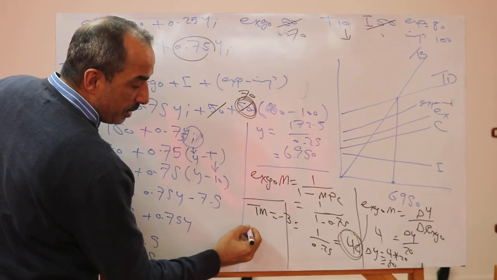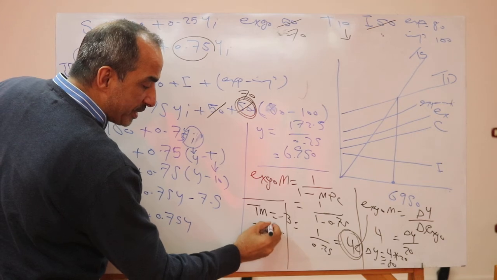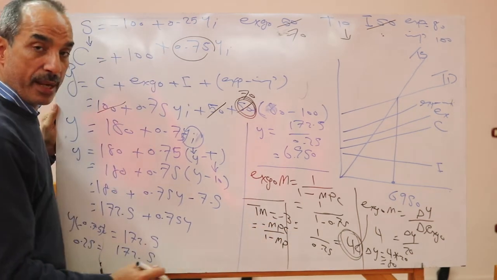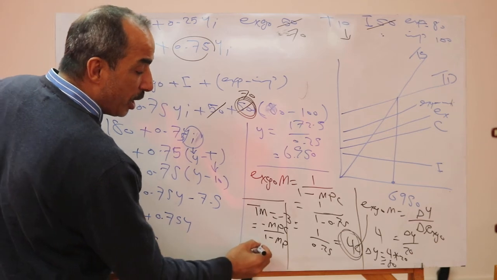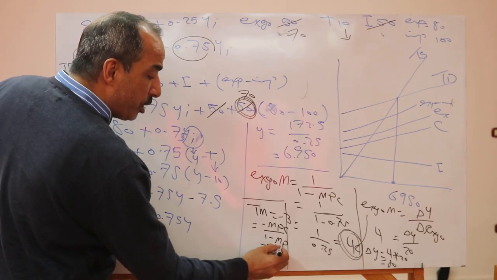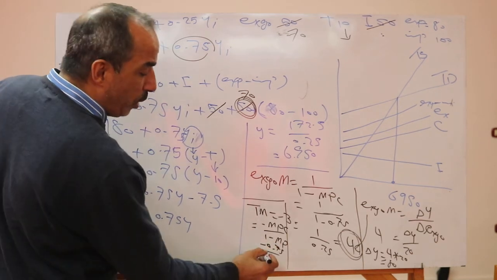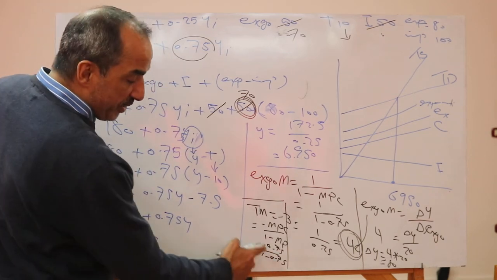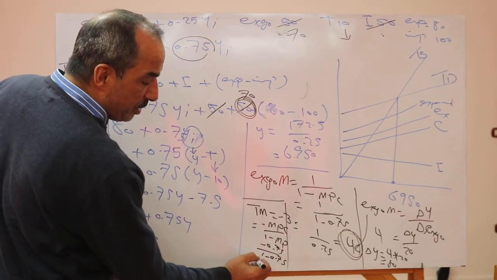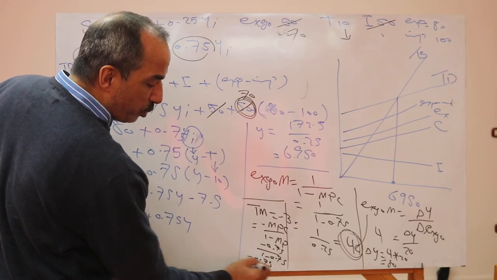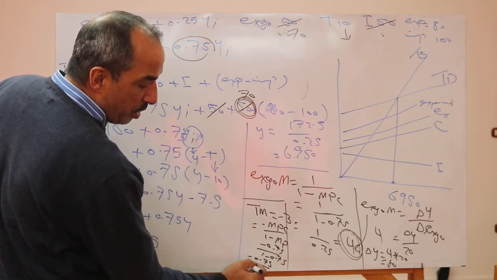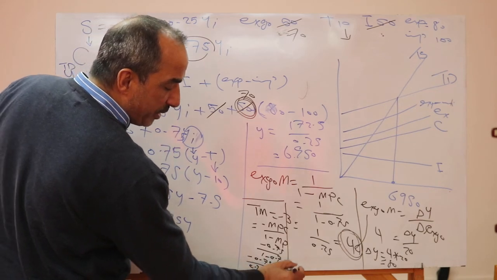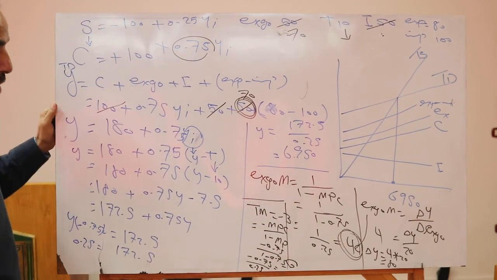Okay? To be sure, minus MPC out of 1 minus MPC. Minus 0.75 out of 1 minus 0.75. This meaning minus 0.75 out of 0.25 equal minus 3. Must be minus 3. Okay?